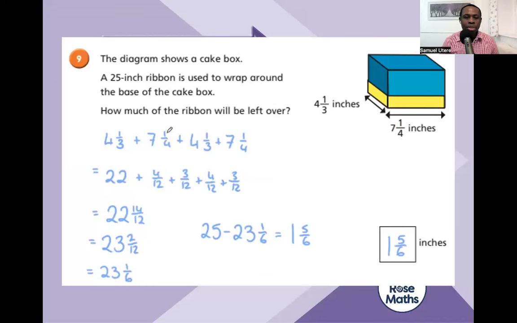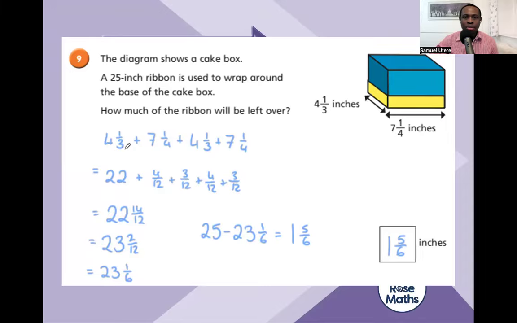You were asked, the diagram shows a cake box. A 25-inch ribbon is used to wrap around the base of the cake box. How much of the ribbon will be left over? Okay, so this question is a bit like asking you to find the perimeter of the bottom of the box.